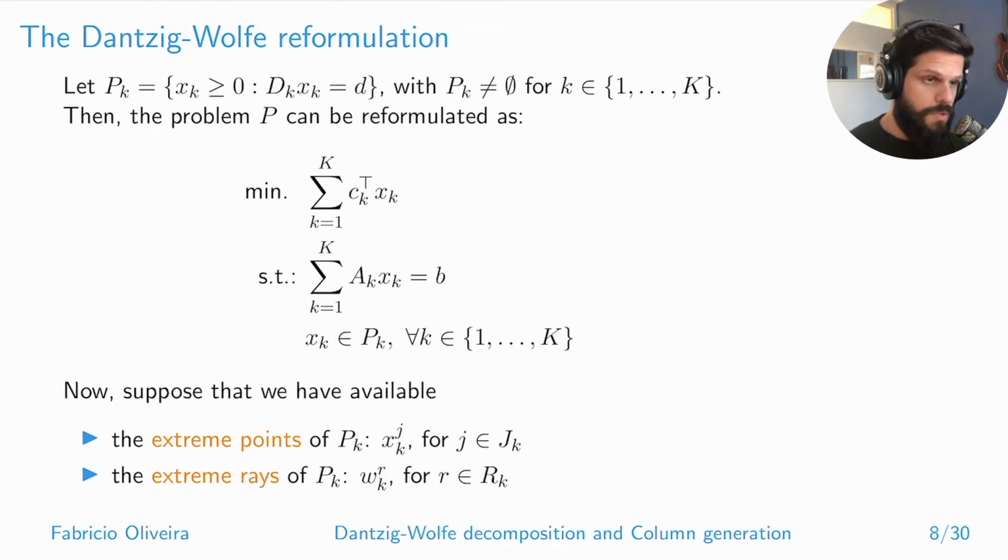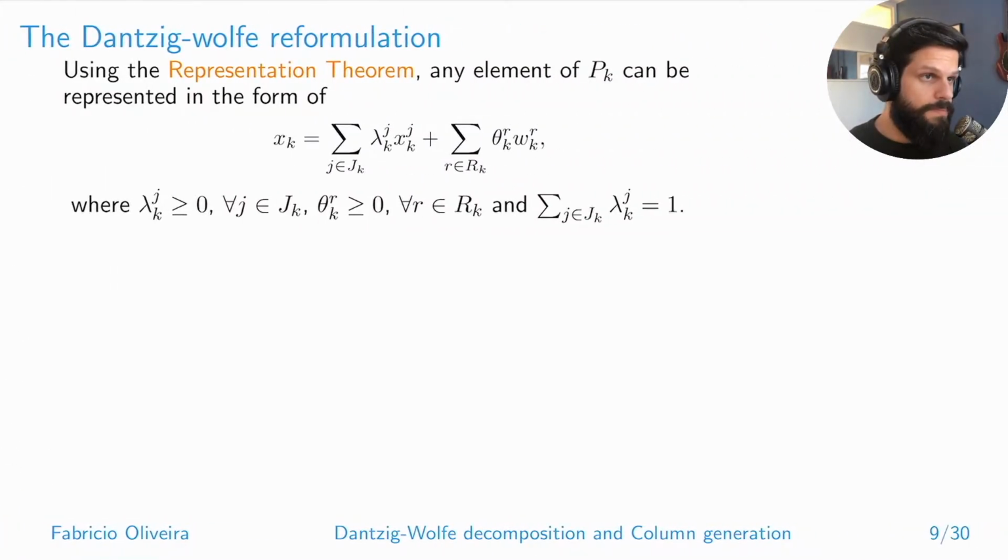So assuming that I know all the extreme points and extreme rays of that, what I can do is rely on that theorem we saw at the end of lecture 6, that is called the representation theorem, that tells us that any point xk can be represented by a convex combination of its extreme points and a conic combination of its extreme rays.